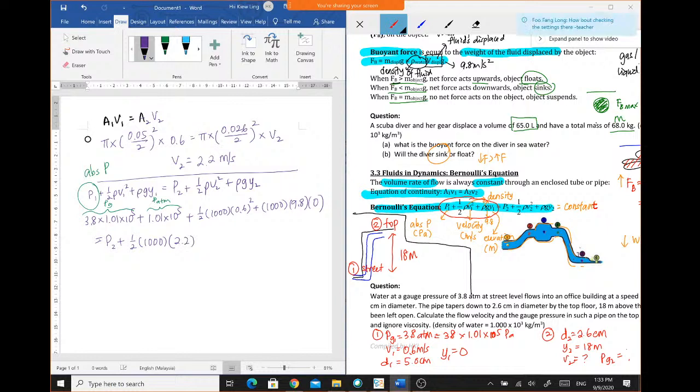P2 is what you have found just now. So y2 is 18. So from here you can find the value of P2.